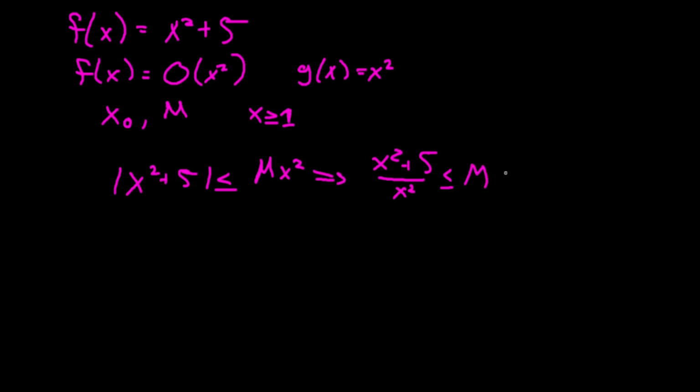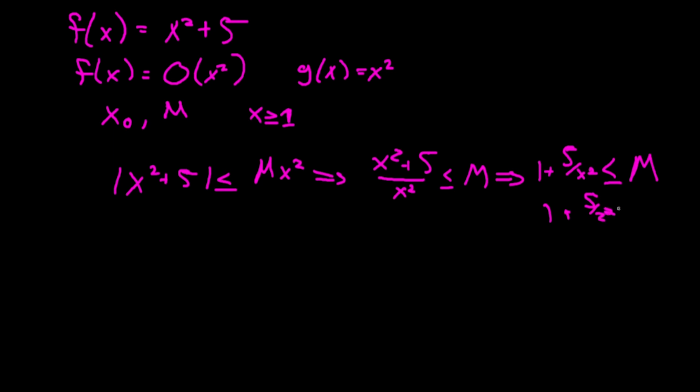And we can break this fraction into two parts, which is 1 plus 5 over x squared is less than or equal to m. And now we can actually choose our value of x0. Depending on what our value of x is, say x was 2, what's 1 plus 5 over 2 squared?